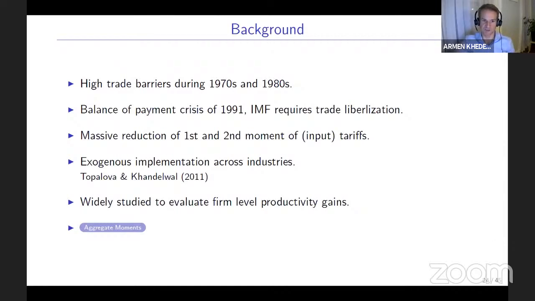So there was a drastic reduction in input and output tariffs in general, in its mean, but also in the dispersion around it. Now, the fact that this was relatively forced upon India has led some people to argue that this was relatively exogenous across industries.